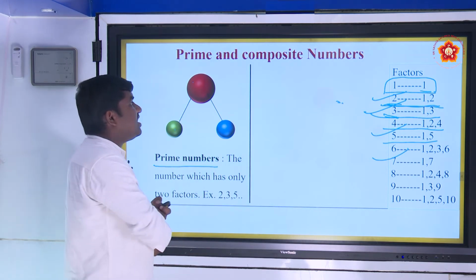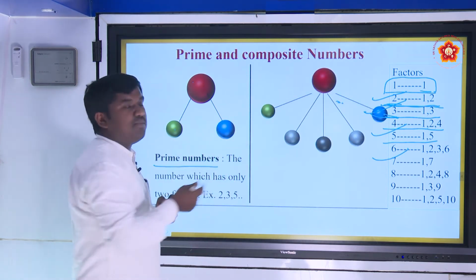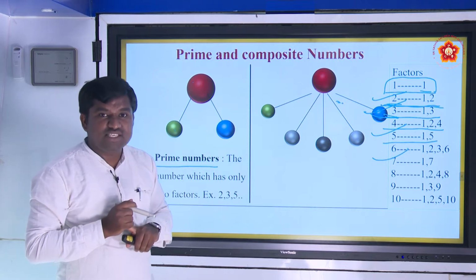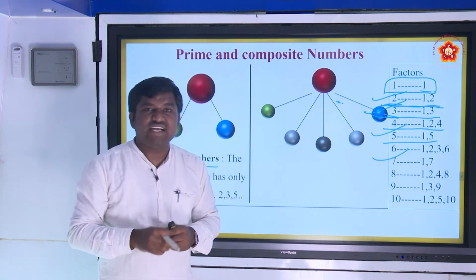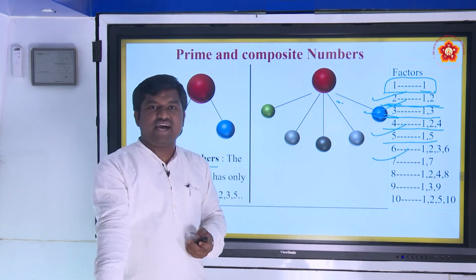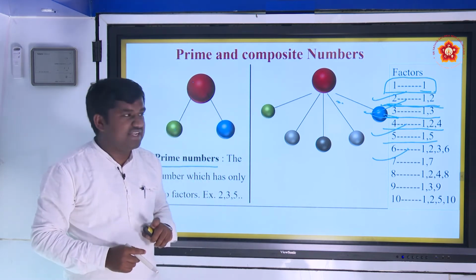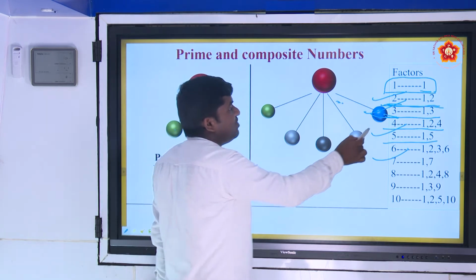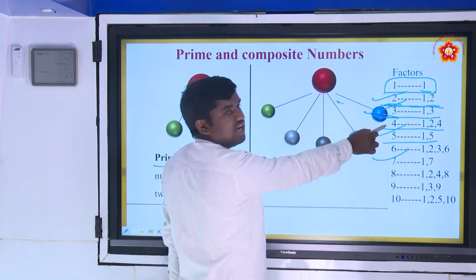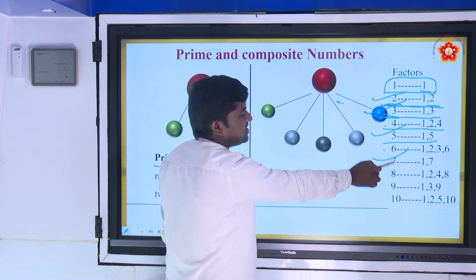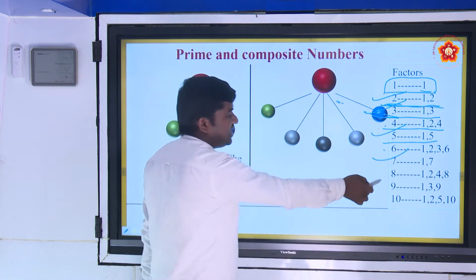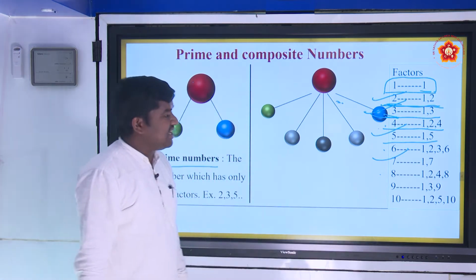Next, another kind of number: composite numbers. Composite numbers means the number which has more than 2 factors. More than 2 factors is called composite numbers. Check here: 4 has 3 factors, means more than 2 factors. Next, 6 has more than 2 factors. Next, 8 has more than 2 factors.